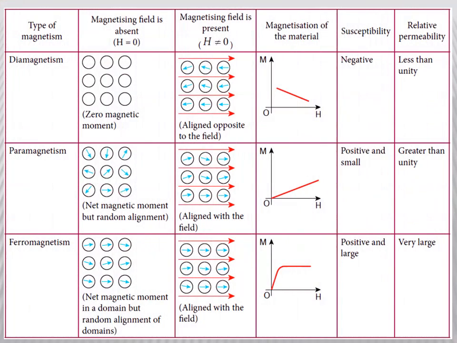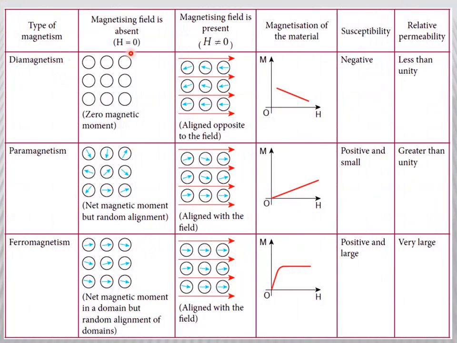Now let's differentiate dia, para and ferromagnetisms. First of all, these are the types of magnetism. Let's see the difference between these three.